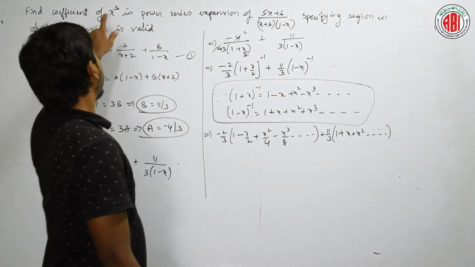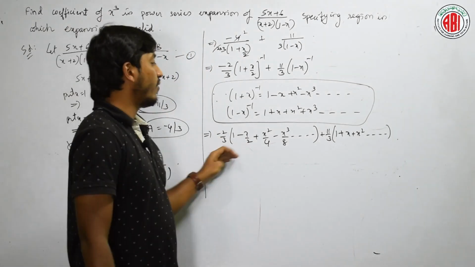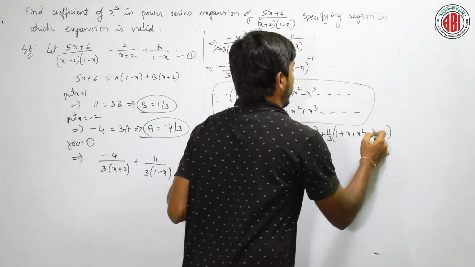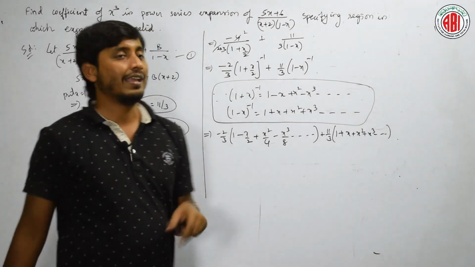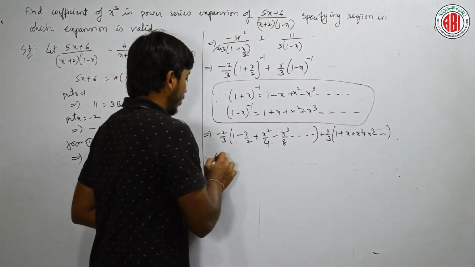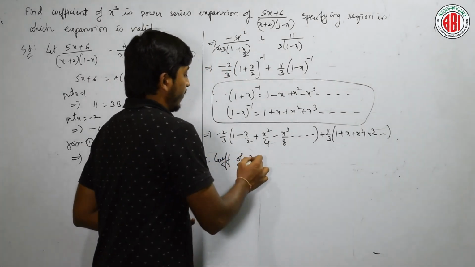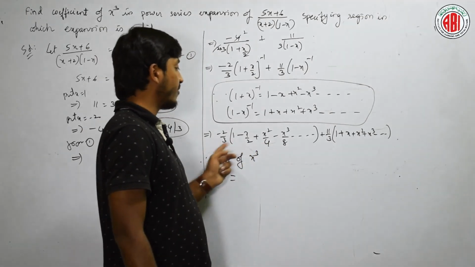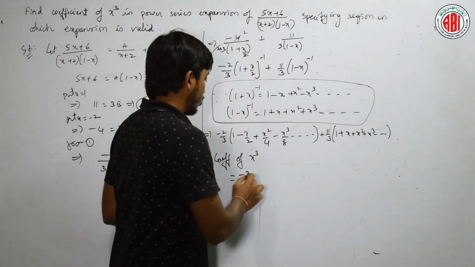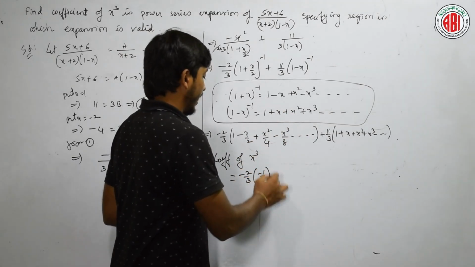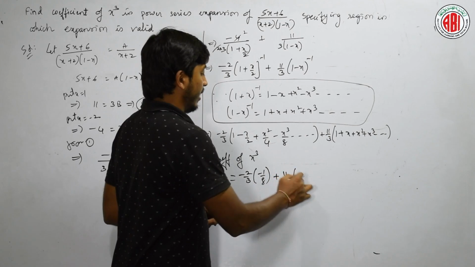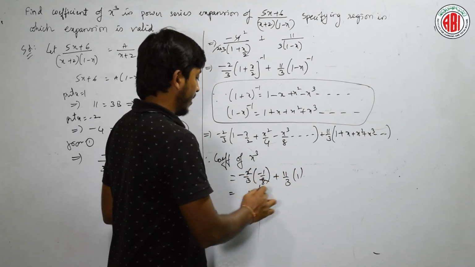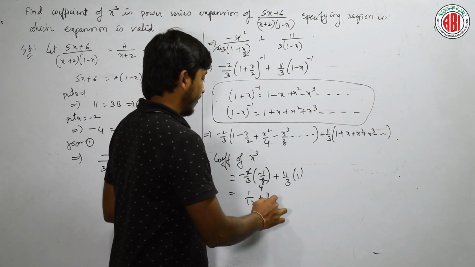He is asking us to find the coefficient of x cube, so we have to take only the x cube terms. Let me write one more term here, plus x cube and so on. Therefore, coefficient of x cube: we take only the x cube coefficient from here and there, that is minus 2 by 3 into minus 1 by 8 plus 11 by 3 into 1. 2 ones are 2, 4 twos are 8, that is 1 by 12, plus 11 by 3.